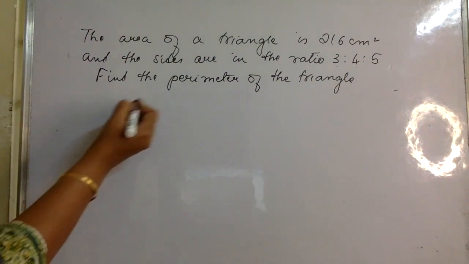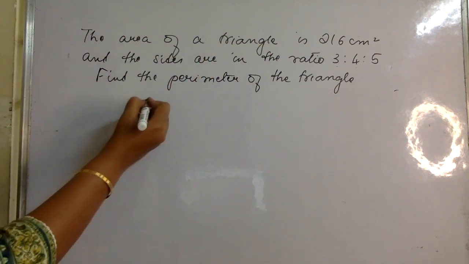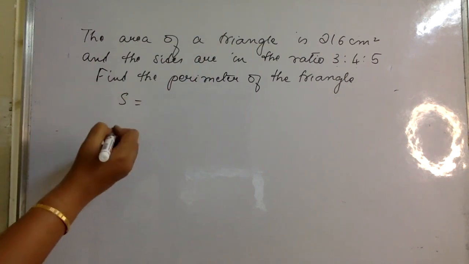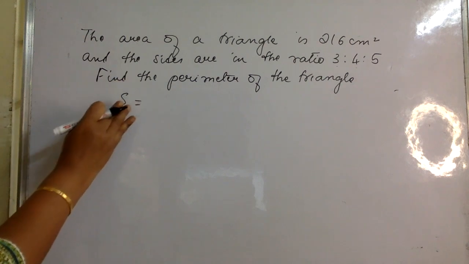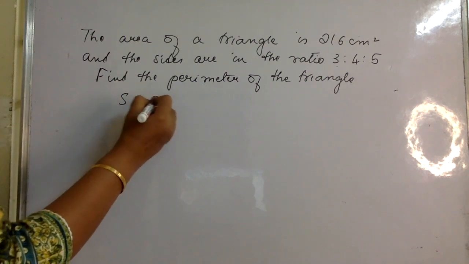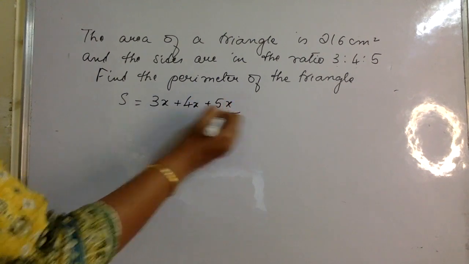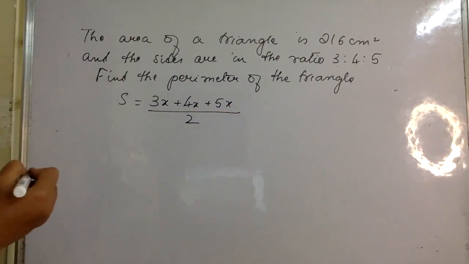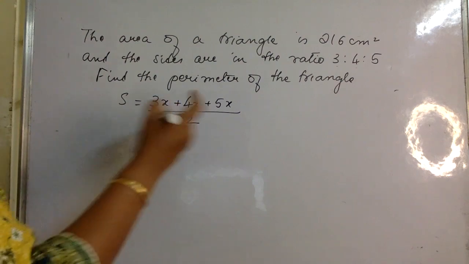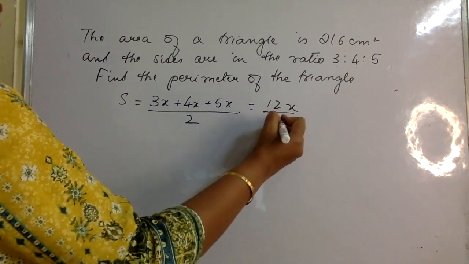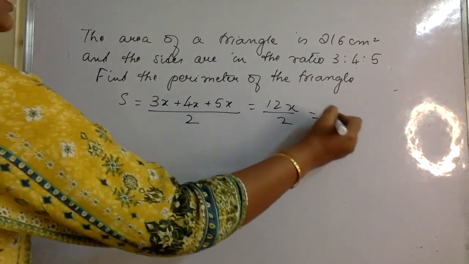So first, the semi-perimeter is 3x plus 4x plus 5x by 2. How much is it? 12x by 2, because these are the ratios, that is 6x.